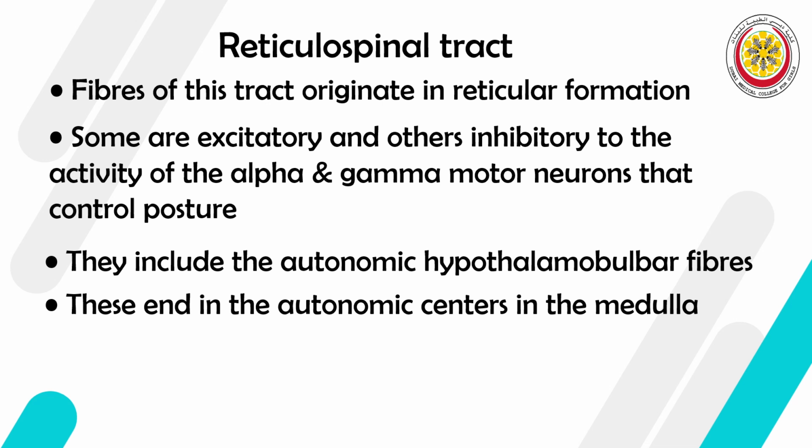Isn't that so? So we have hypothalamo-bulbar, but we also have hypothalamic fibers, some of them accompany the reticulospinal to autonomic components in the spinal cord. And you know them. What are the autonomic components of the spinal cord? These are the nerves, yes?